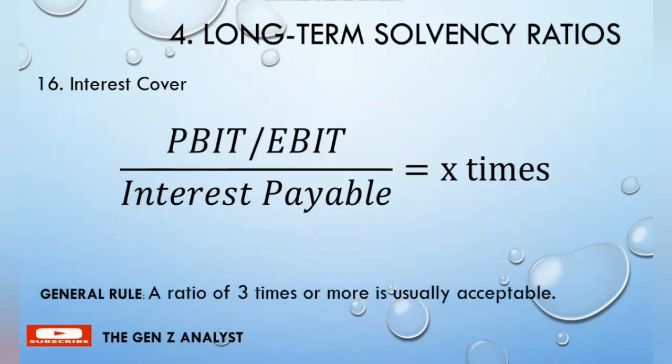If we are generating enough, then the company is in a very good position. As a general rule of thumb, we say that a ratio of 3 times or more is usually acceptable. So when you calculate this and you get 3 or more, then this is a good indication for the business.